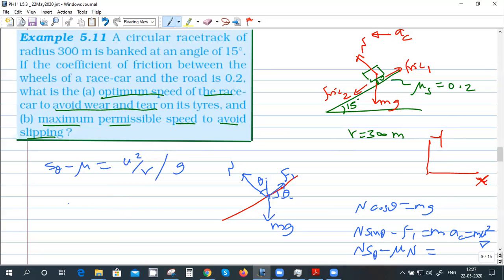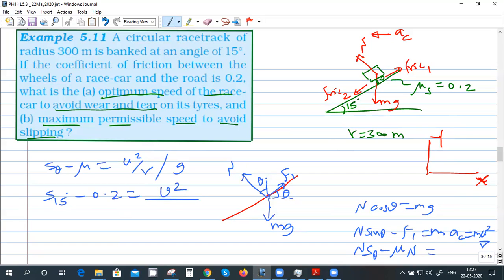So from this I'll get, with theta 15 and mu 0.2, r is 300, this will give the optimum speed: v equals the square root of 300 g into (tan 15 minus 0.2) over (1 plus mu tan 15).